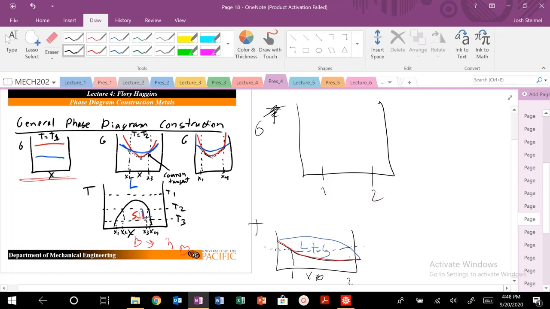So before, again, at this temperature T star, my free energy from 0 to 1 in XB, I am pure solid. So I'm pure solid right here. This is switched here. Here I'm liquid.